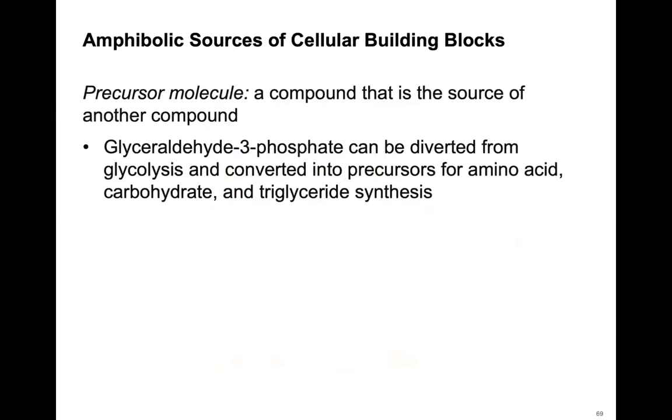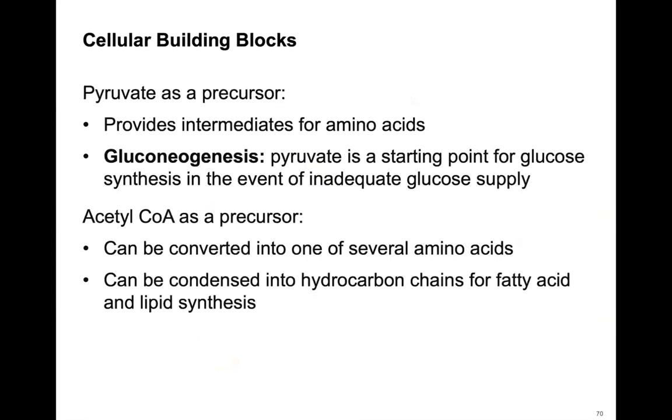Amphibolic sources of cellular building blocks. A precursor molecule is a compound that is a source of another compound. For example, glyceraldehyde 3-phosphate can be diverted from glycolysis and converted into precursors for amino acids, carbohydrates, and triglycerides. Pyruvate as a precursor can provide intermediates for amino acids.